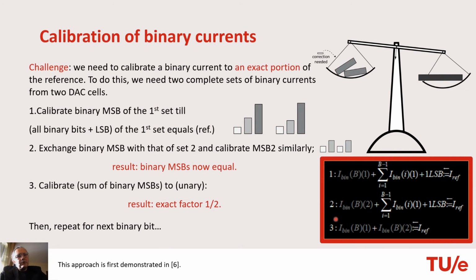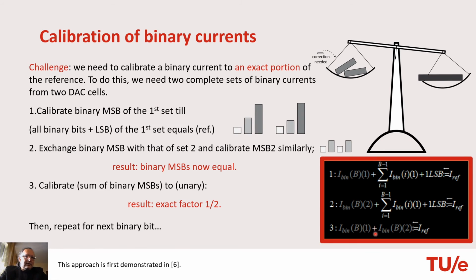In step 3, you want not only the MSB of the first set and the MSB of the second set to be equal, but you want their sum to be equal to the reference. If they are equal between each other and their sum is equal to the reference, this can only mean that each of them is 1/2 of the reference. And this is how you calibrate to an exact portion, in this case 1/2 of the reference.